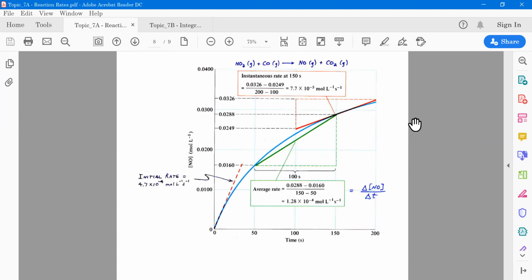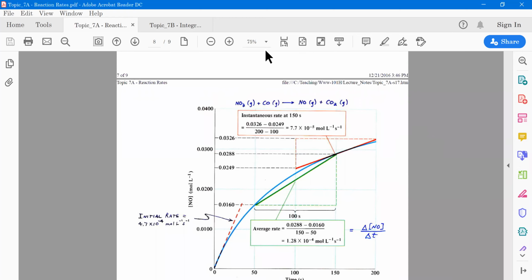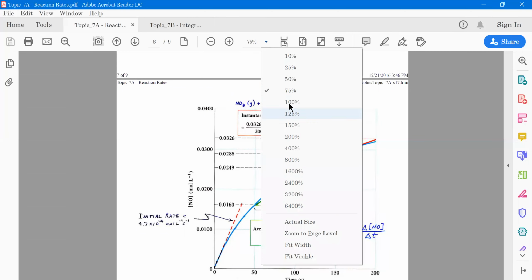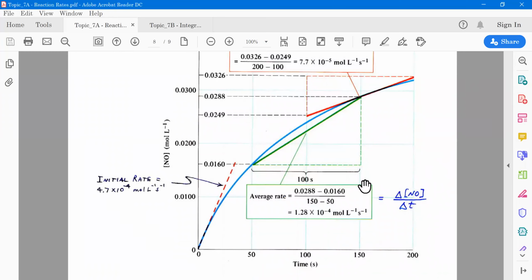Now, a third kind of rate that can be described for most chemical reactions is what's called the average rate. The average rate, as the name implies, is the average rate that the reaction has over a particular time interval. In this case, it starts at 50 seconds and goes to 150 seconds.